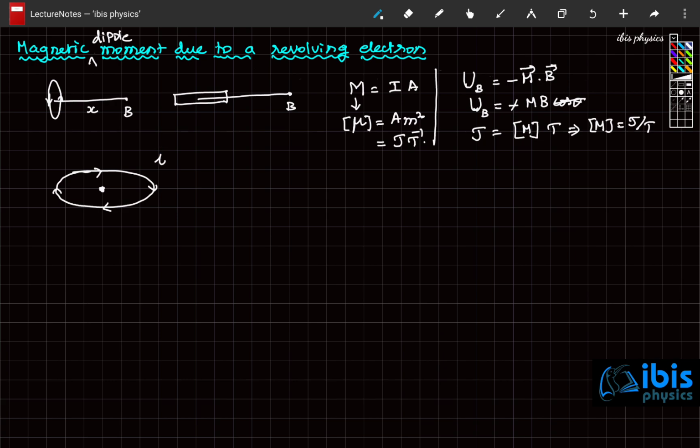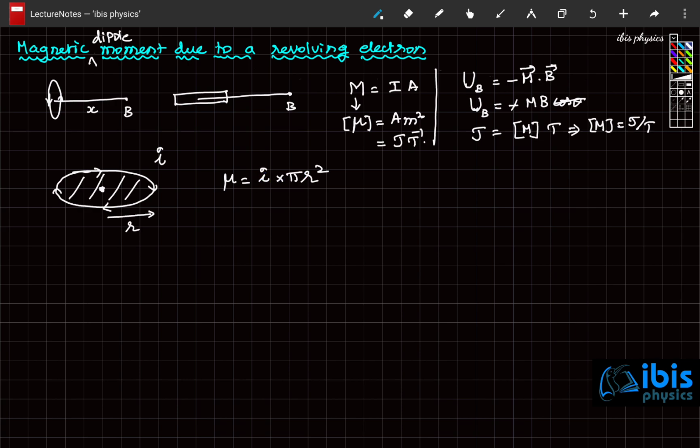So we will first have to find that electric current, and then multiply it with the area. Suppose the radius of this circular orbit is r. So the magnetic moment due to the revolving electron is the current due to the motion of the electron around the nucleus multiplied by the area pi r square.